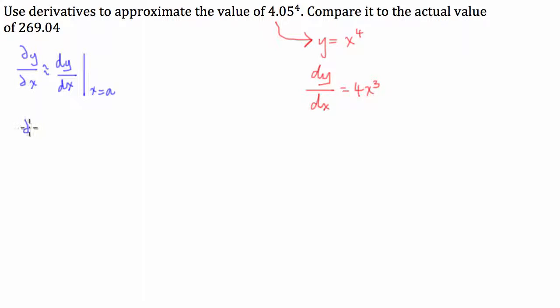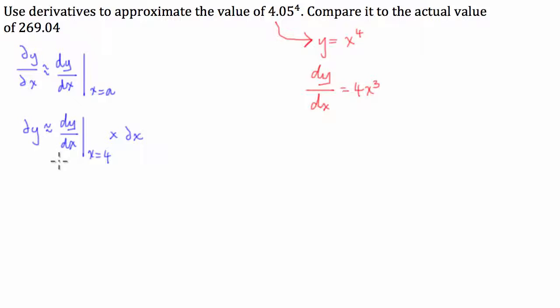So the incremental change in y can be approximated by the derivative of y with respect to x evaluated, in this case, at something that we can evaluate, x equals 4, times the incremental change in x.